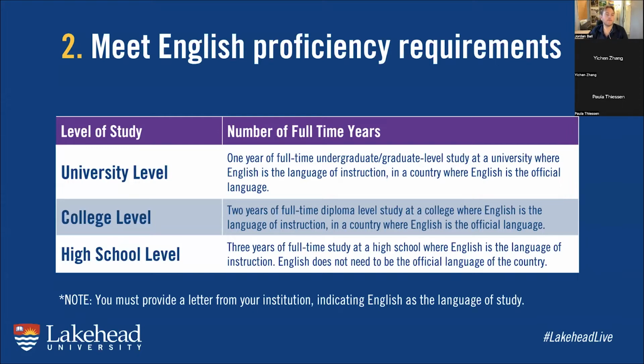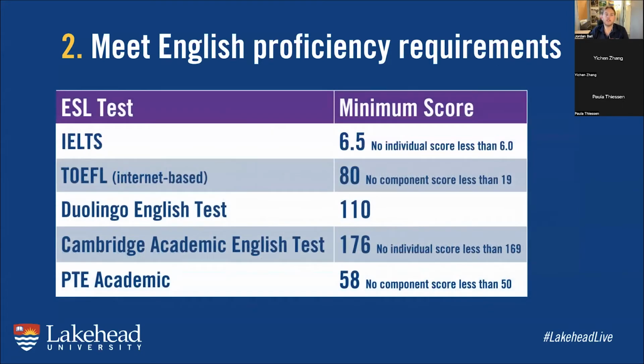For those students that are interested in ESL tests, you can see on our screen we have some of the 5 most popular: IELTS, TOEFL, Duolingo English Test, Cambridge, and PTE Academic. We have our minimum scores listed on there. I won't need to read them off since you have them in front of you on your screen. With that being said, some of these minimum scores are not the same for our limited enrollment program.